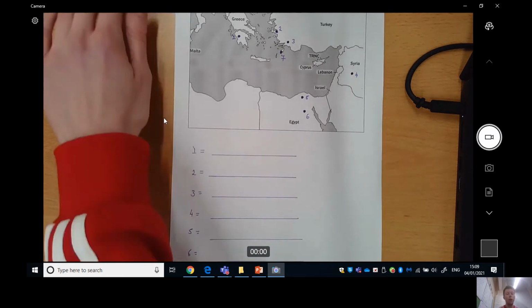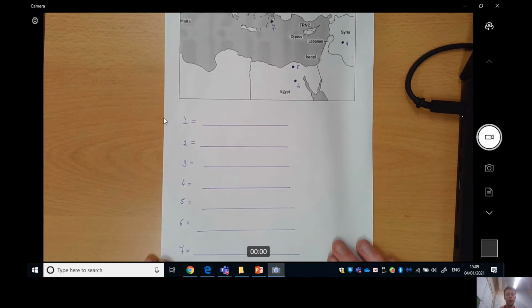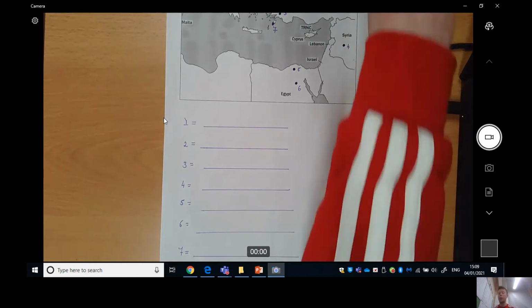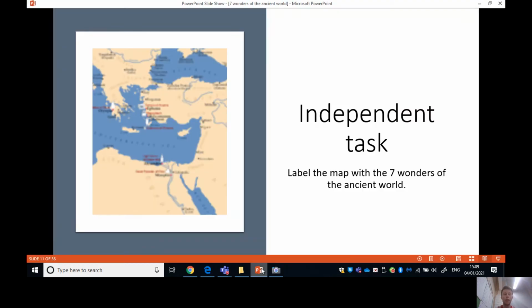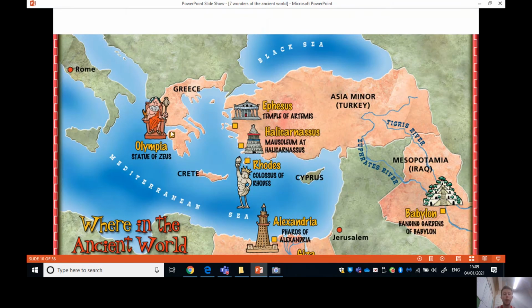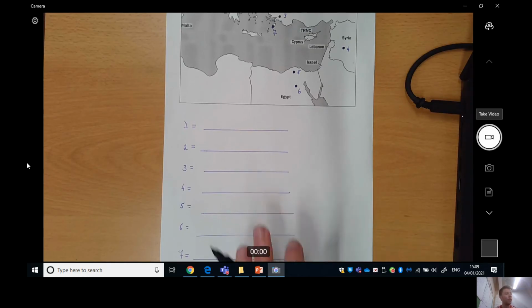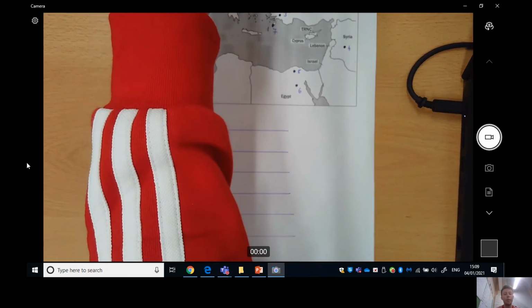I'm not going to start with number 1. I'm going to start with number 5, just to be different. So I'll get out my black pen or my pencil if you have a pencil at home, and I'm going to look at number 5. Now, like I said, if you have to, then of course you can go back and look at this, but do not just copy. I've been talking about this map for the last 7 minutes, probably. So now you're just going to have a look at it as well.